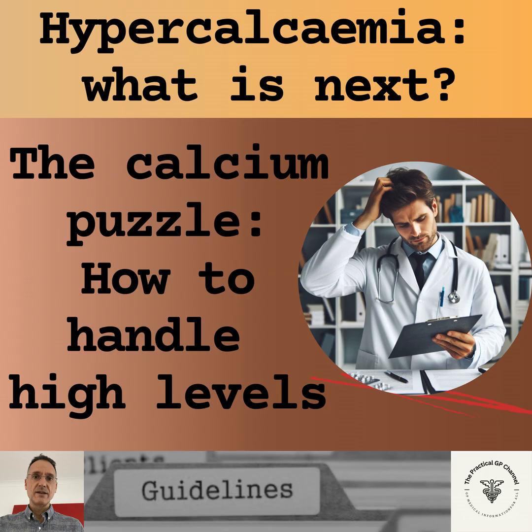Also to test for vitamin D levels to assess for vitamin D intoxication or deficiency. To check magnesium levels, as magnesium abnormalities, usually hypomagnesemia, can also be associated to hypercalcemia.